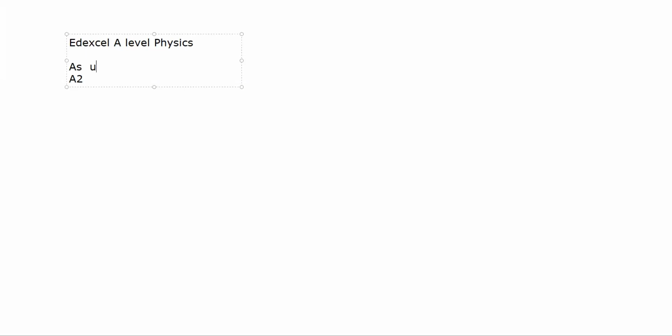AS is having 3 units, Unit 1, Unit 2, and Unit 3. Whereas A2 has Unit 4, Unit 5, and Unit 6.